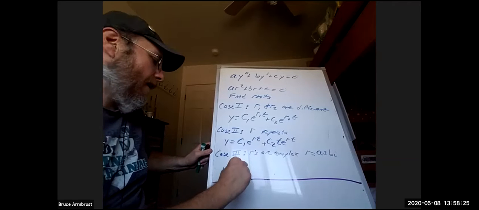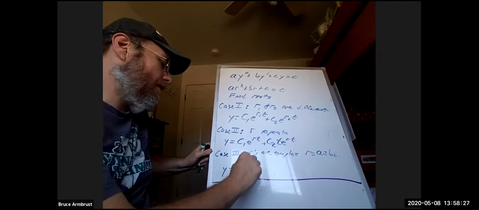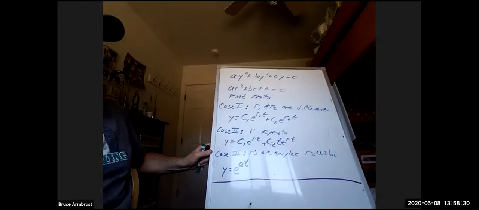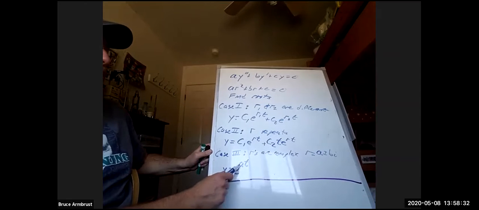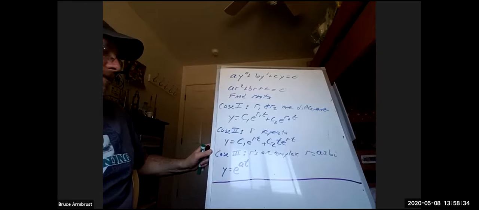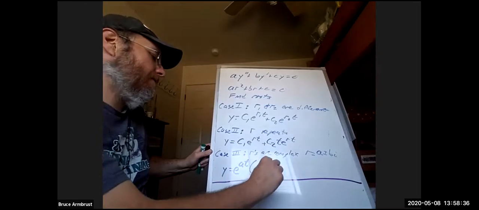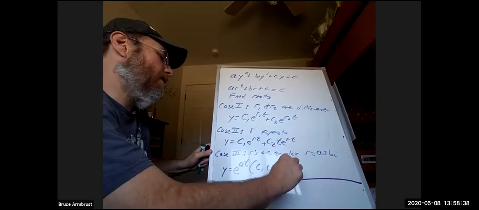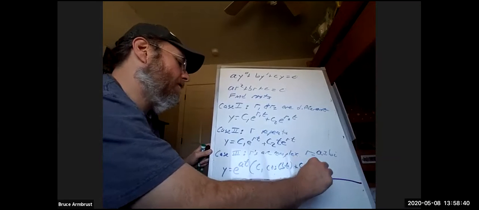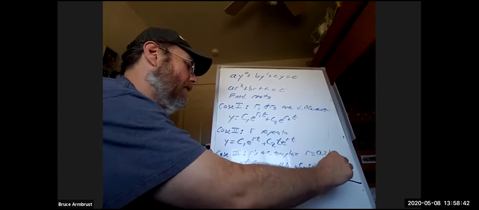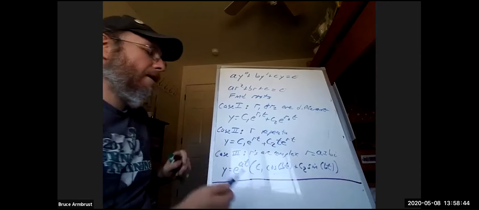And so what we get is an e to the at, so whatever the real part is gives us an exponential, times c1 cosine of bt plus c2 sine of bt.